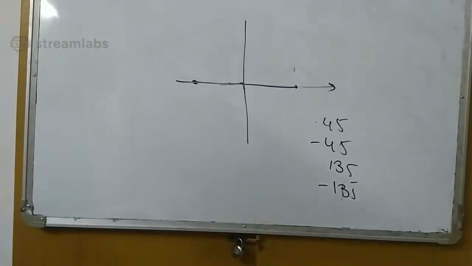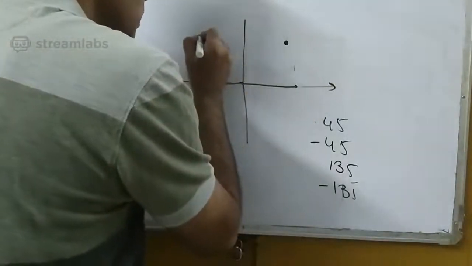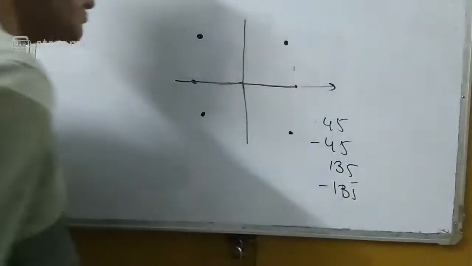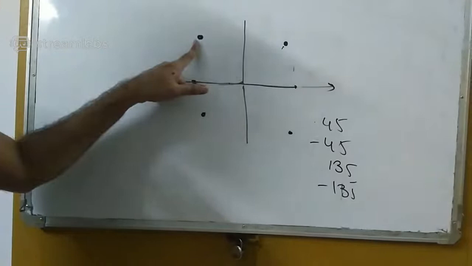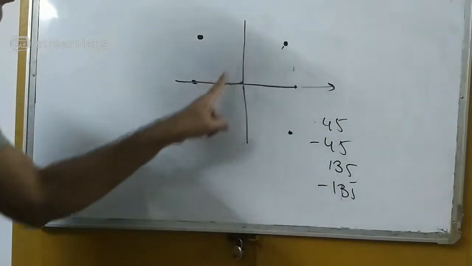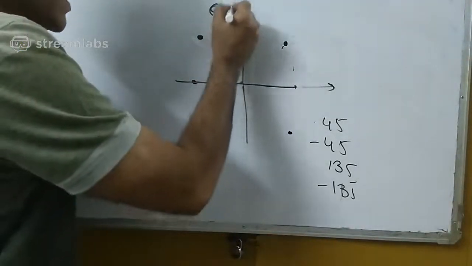So I am going to have four dots like this which represent the amplitudes with different phase angles. This is 45, this is 135. So you have 4 points represented in 4 different quadrants. This is your QPSK.